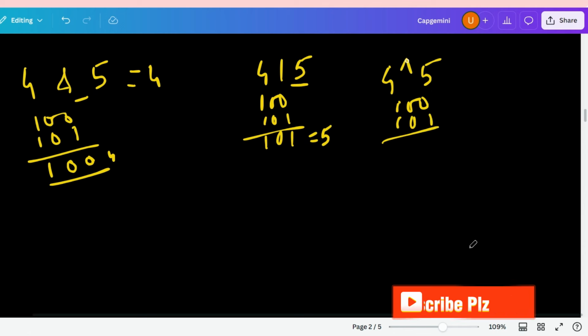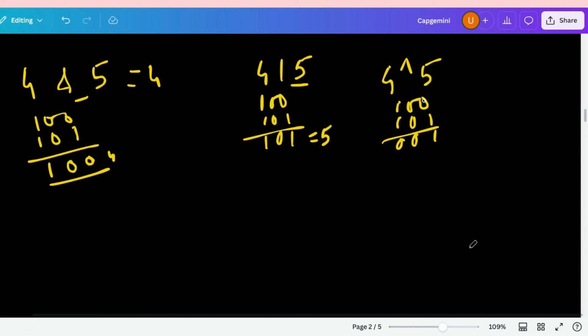For XOR operation, if both statements are the same, that is true true or false false, then the whole statement will be false. If one of the statements is different, then this will be true. Both statements are the same, so it is false. Only true false gives true. I hope you understood, and this is equivalent to 1.